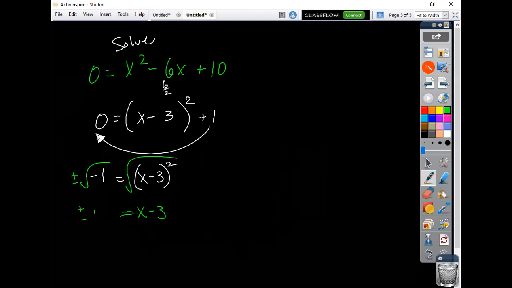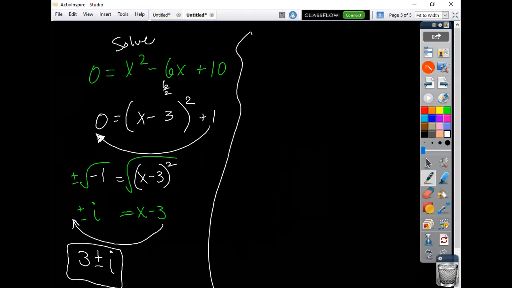Remember, square root of negative 1 is the i that we had previously. And lastly, add that 3 over. So this one gave us what's called an imaginary root, and we'll talk about that more later, but there's my 2 solutions. Let me make one up, though, that doesn't come out like that. I probably shouldn't have given you one that was going to be an imaginary one first.